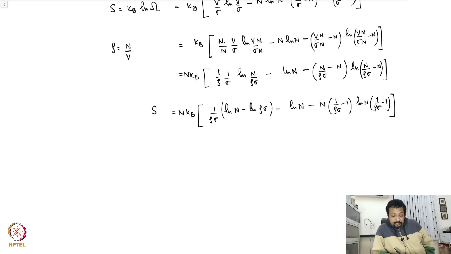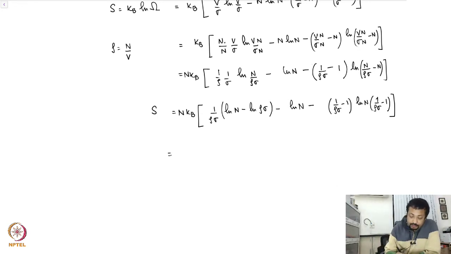Can I simplify this further? Possibly yes, I can. And again I have made an error over here. This n is not going to be there because I have taken one n outside. This becomes 1 over rho sigma minus 1.